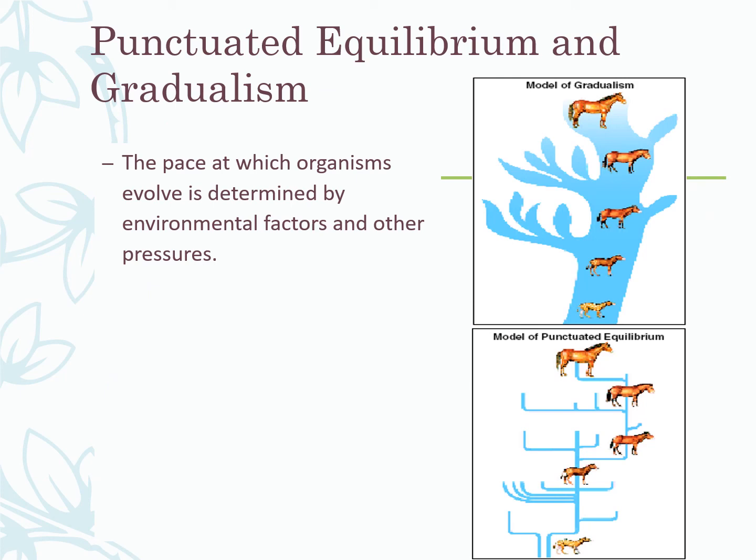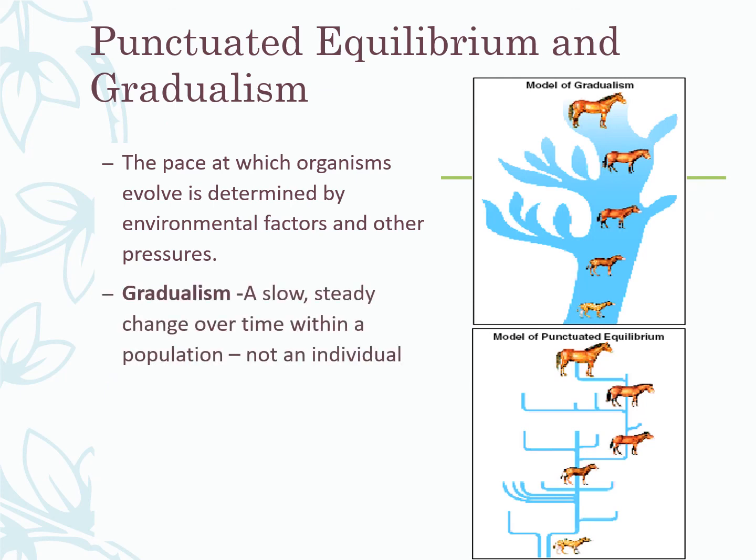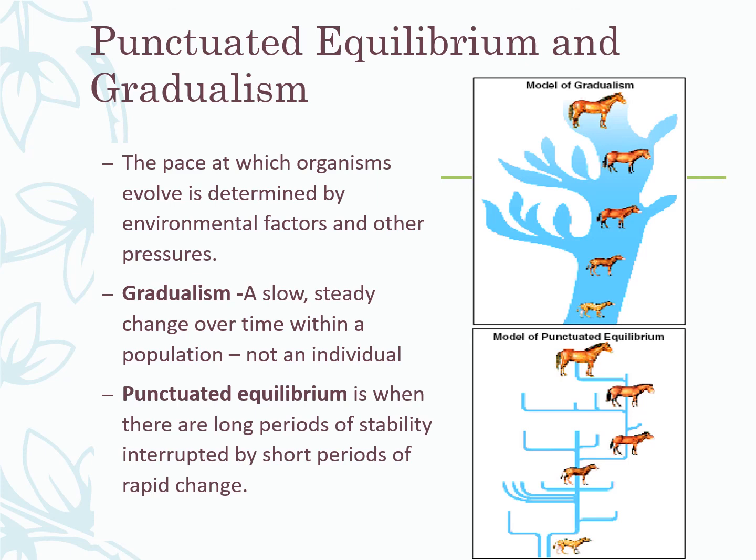The pace at which organisms evolve is determined by different environmental factors as well as other pressures. I want to give a little reminder here that individuals do not evolve. Individuals cannot make big changes to themselves which then will be passed on to their offspring and cause future generations to have those changes.